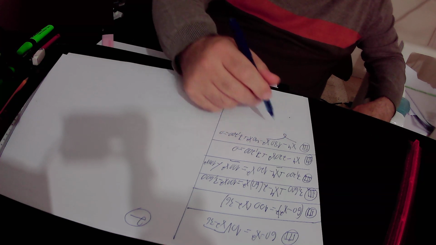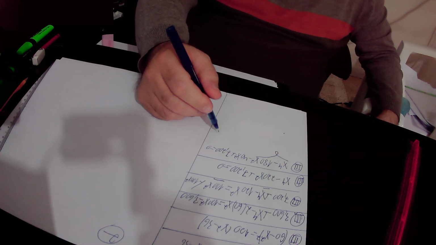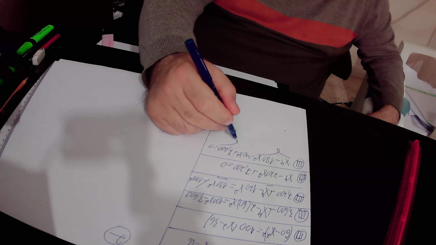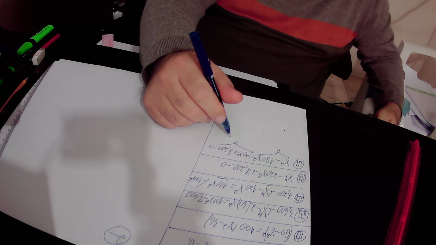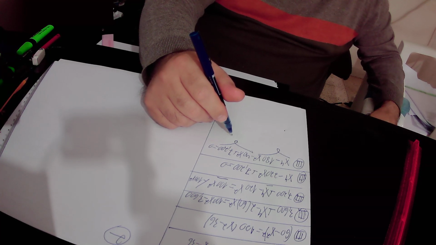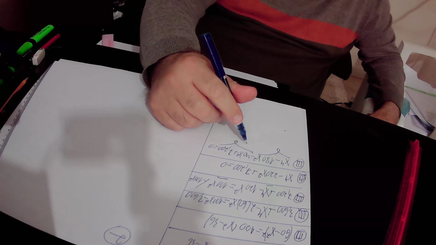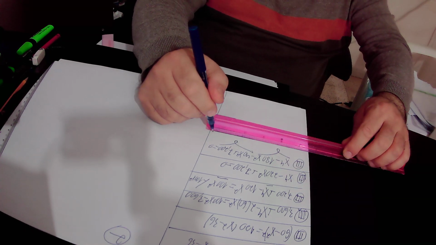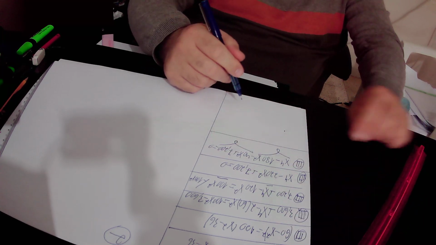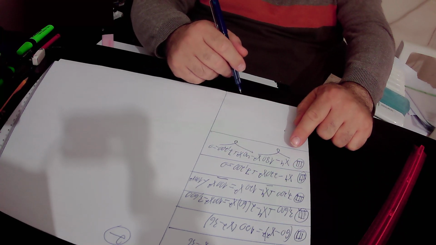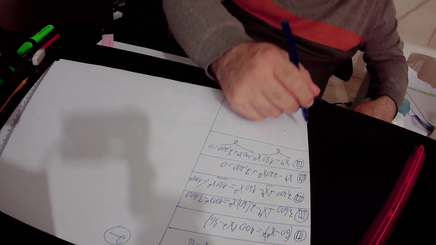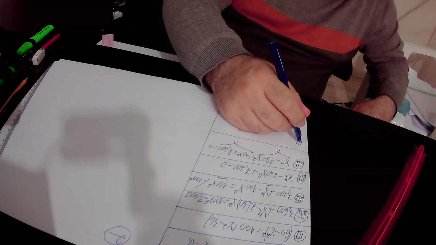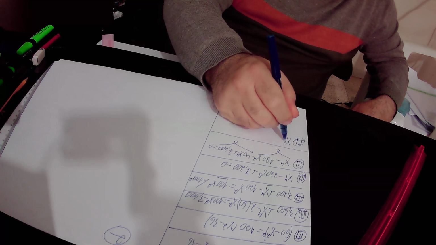This is the first part, and this is the second part, and then we take a common factor from each part. From this part, x to the power of 4 minus 180 x squared, we will take x squared as a common factor.